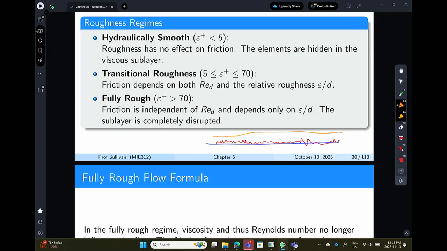If you try to imagine 10 centimeter roughness elements in a 1 meter pipe, the friction number is not going to be dependent on Reynolds number and only depends on the roughness. And the sublayer is gone. It doesn't exist, it just sort of moves through.